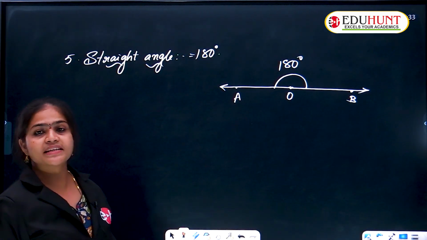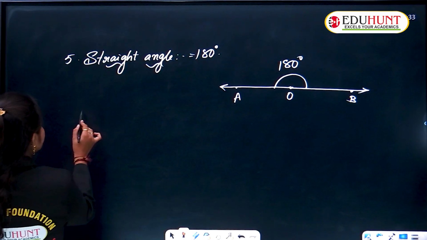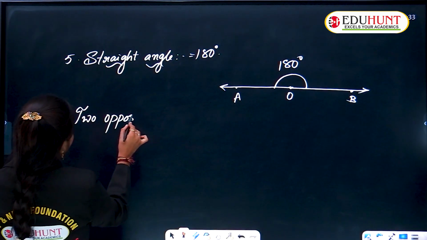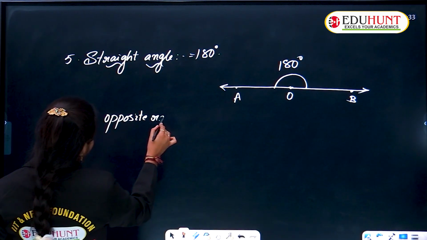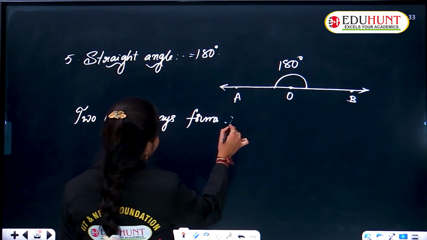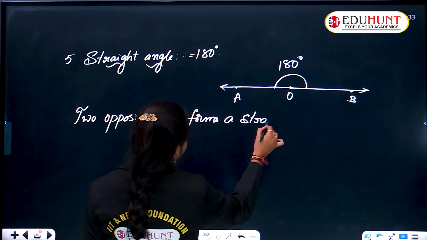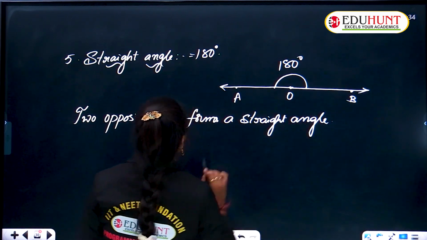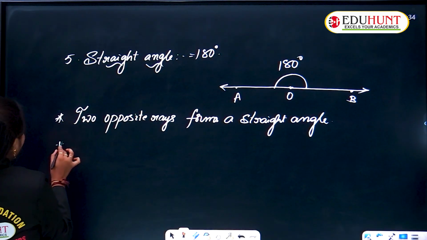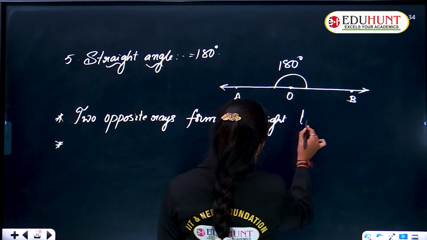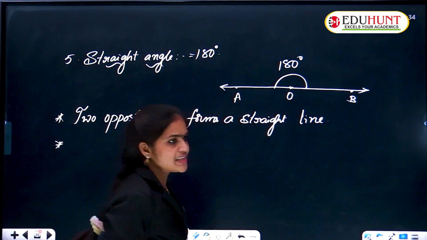What can we say about the straight angle here? Two opposite rays form a straight angle. In the same way, those two form a straight line.